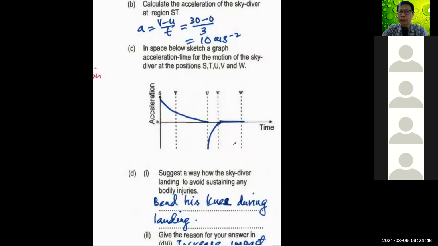When the impact time becomes longer, the impulsive force becomes smaller. You will learn this in chapter 2. When we come to that, I will explain in detail why extending the time makes the impulsive force smaller.